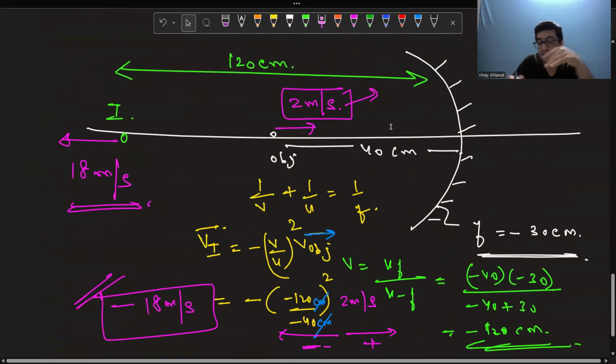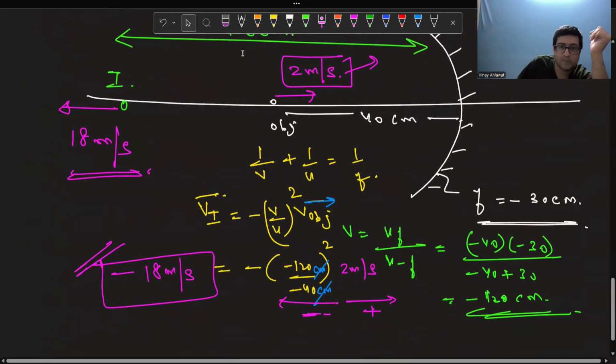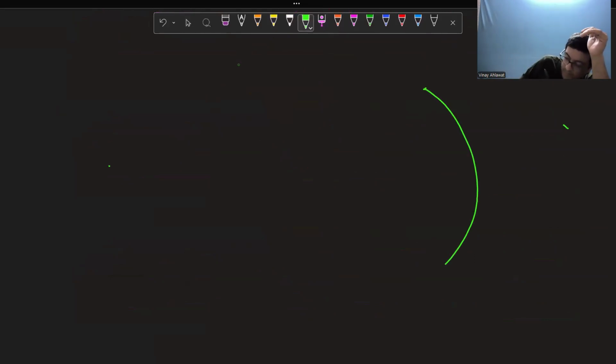Now to a separate variety of questions, which would again be applicable for all. What actually happens is, you have a mirror like this.